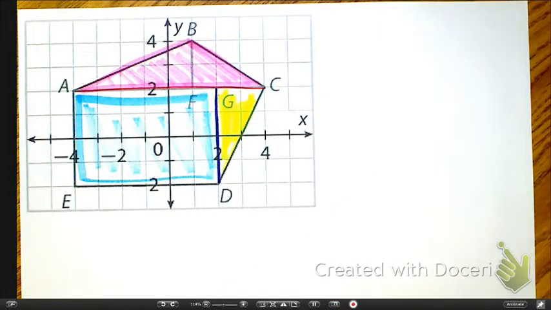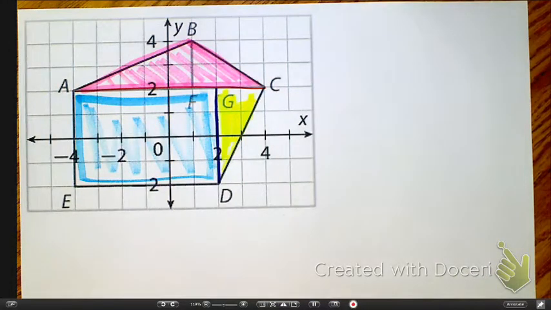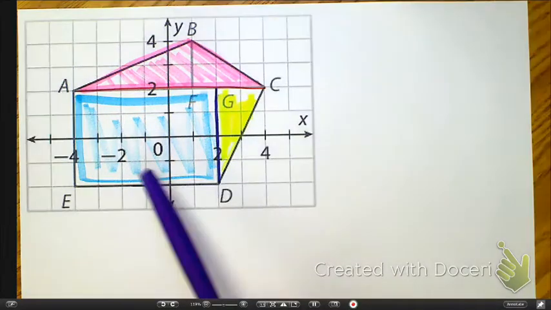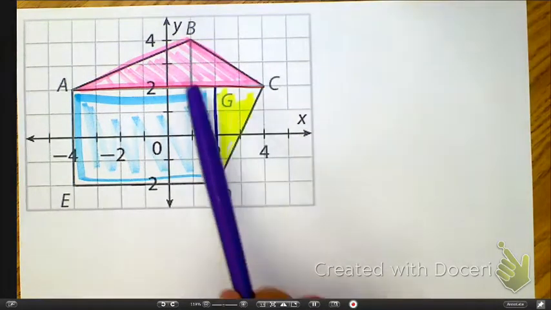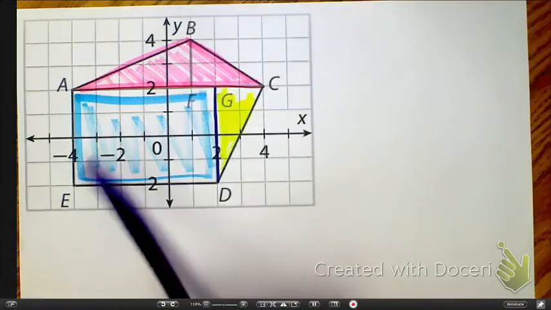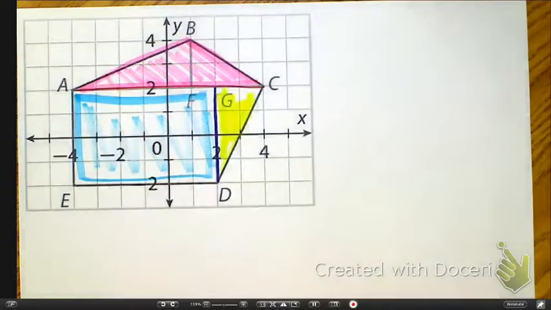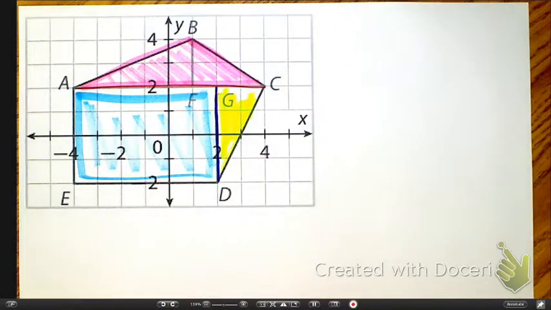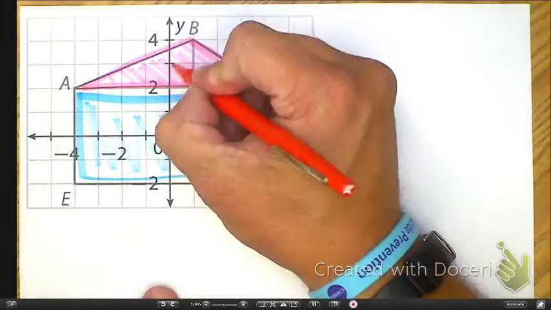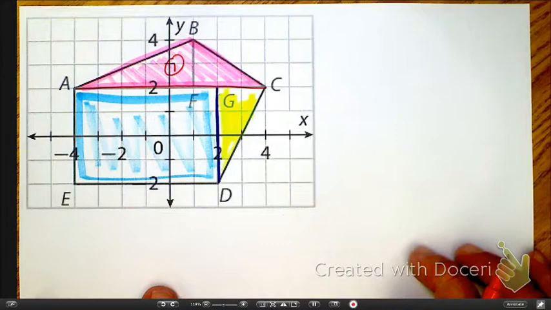Area addition postulate says that we can find the area of each smaller individual polygon, add them together to get the total of our large polygon. So that's what we're going to do now. First, I'm going to start with triangle ABC. That'll be the first work I do.